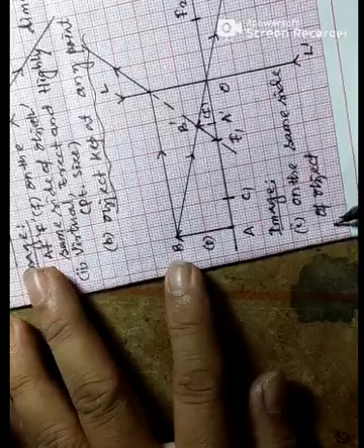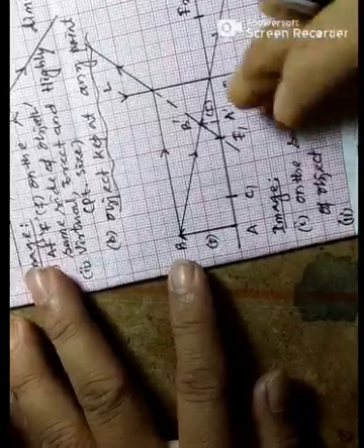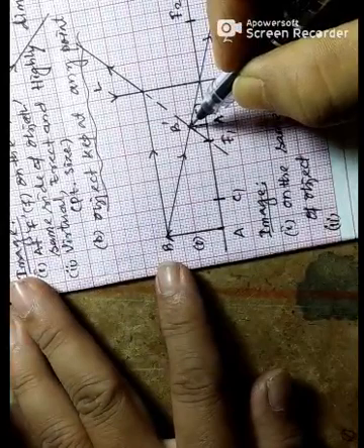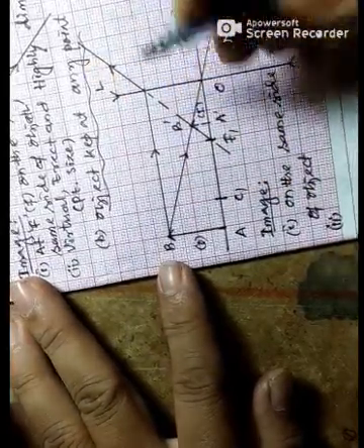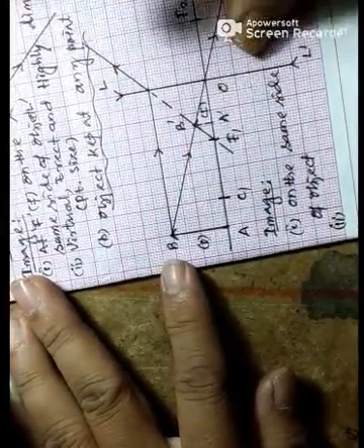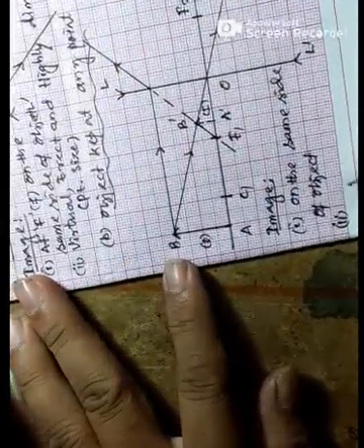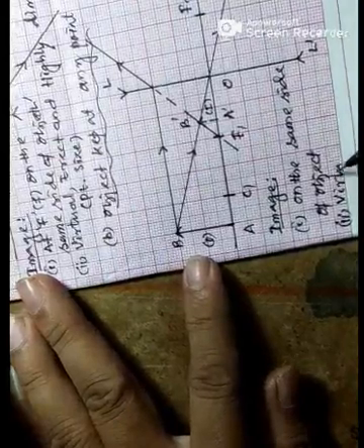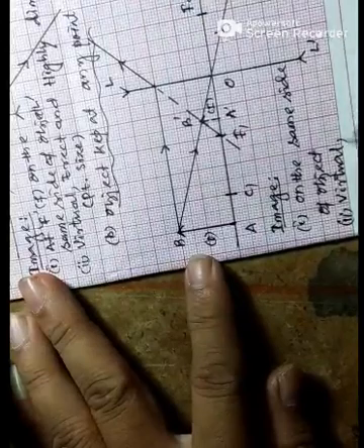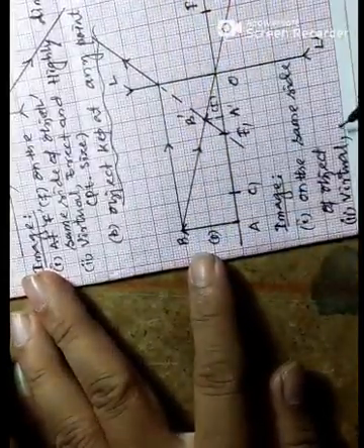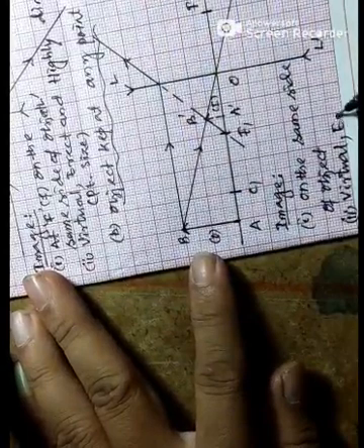Second one, the nature. So nature you observe here, because this point is a point of divergence, these two rays are diverging from each other, never meeting, so it is a virtual image. Now you check the direction. This is B, this is B dash. So it is erect.